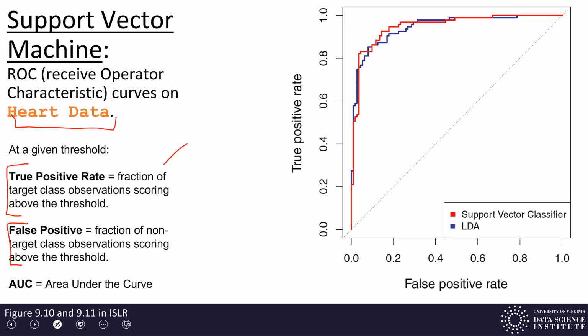So you're setting a threshold on your probability, and your probability is a probability of having a heart attack. Your true positive rate is the fraction of actual people who had a heart attack that would have scored above that probability. False positives are the people who would not have a heart attack that scored above that probability. And so you can compute true positive rate and false positive rate for any probability.